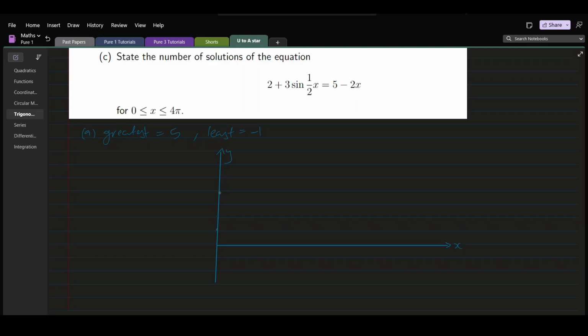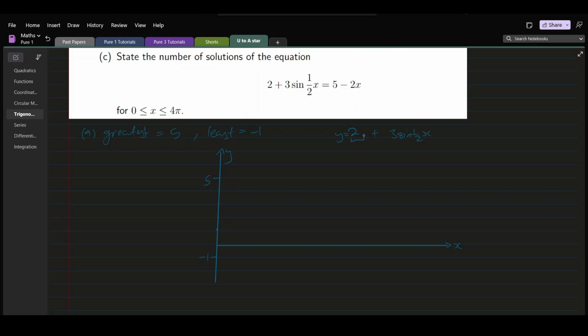So 1, 2, 3, 4, 5. That's here. And then the least value is negative 1. Okay, so we're going to sketch our function using transformation. So it's y is equal to 2 plus 3 sine 1 over 2x.